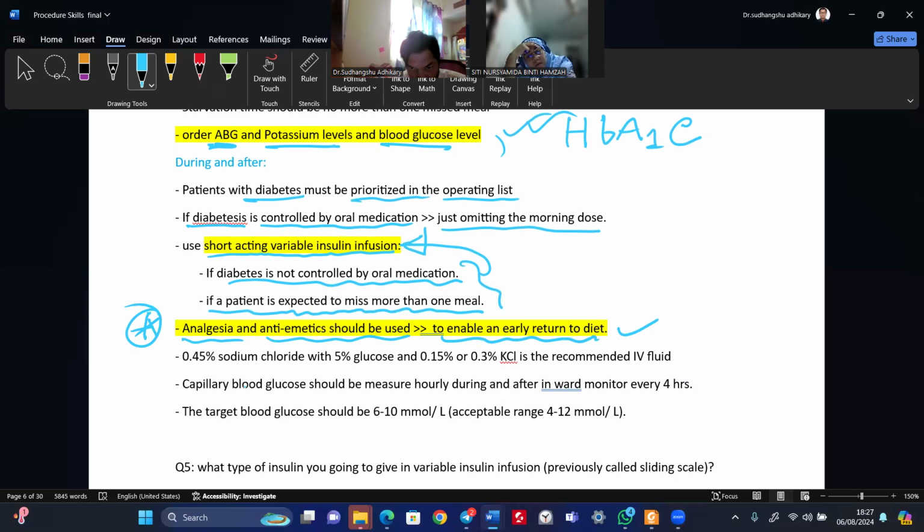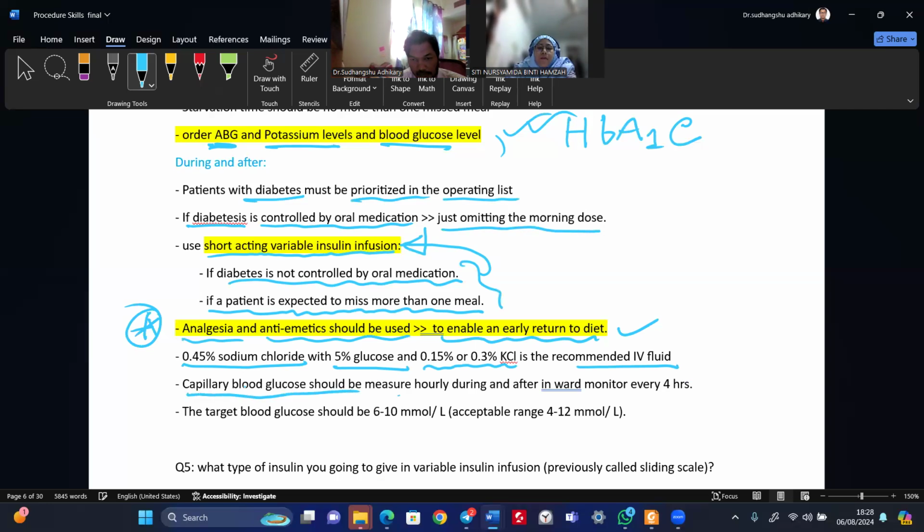Then fluid: half normal saline, 0.45 saline, is half saline with 5% glucose and 0.15% or 0.3% potassium chloride, the recommended IV fluid.